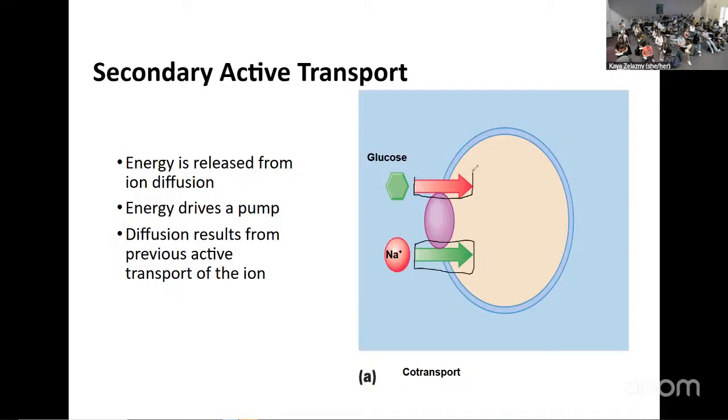So what we can see happening in this example of secondary active transport is that we have a sodium moving into the cell. So we know our electrochemical driving force for sodium is into the cell. We calculated that out before. Baseline. Or we might have just a concentration gradient for sodium listed.